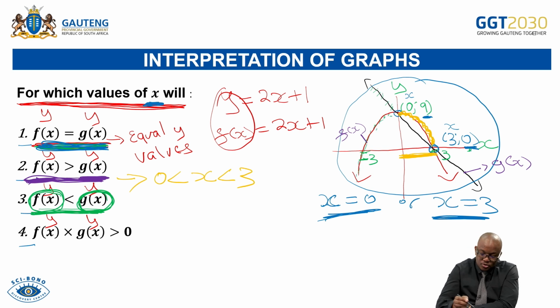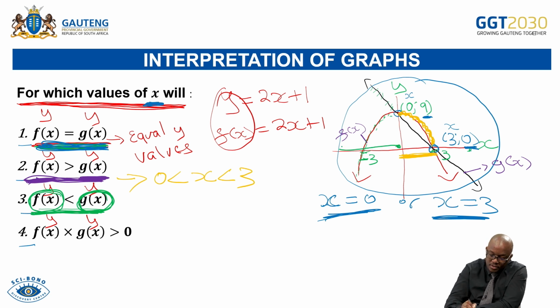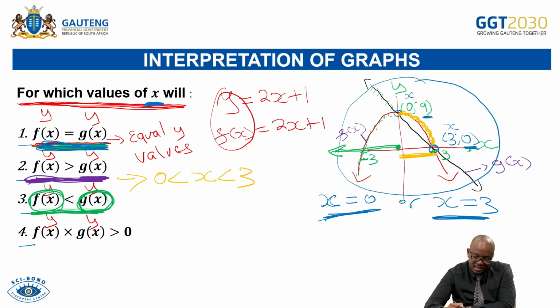Correct? So those values, they're starting from 0 going to the left, the x values. We don't know where they are ending, but they start from 0 going to your left. And on the other side, it's at 3 going to the right. That's where now the black one is on top of the red one.